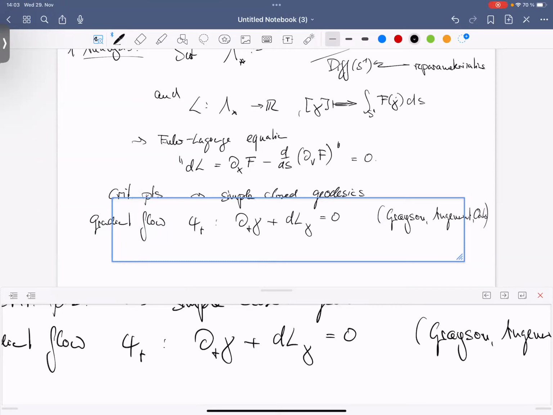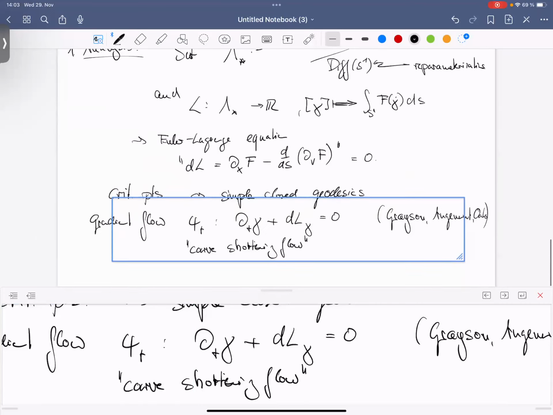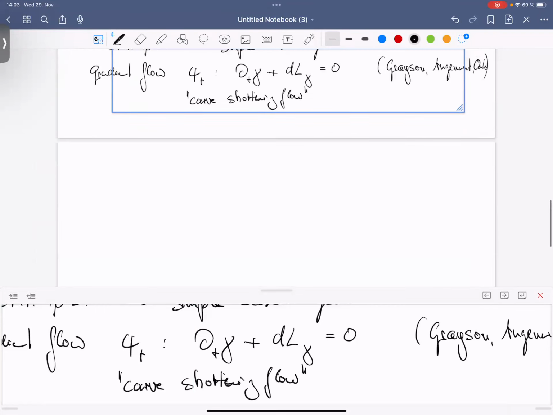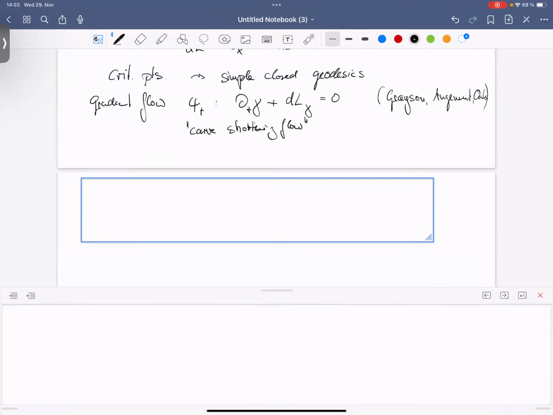This is called the curve shortening flow, because it's actually the negative gradient flow, shortening flow of this Finsler metric. Grayson and Angenent only looked at the Riemannian picture. Oaks then generalized this to also Finsler metrics.